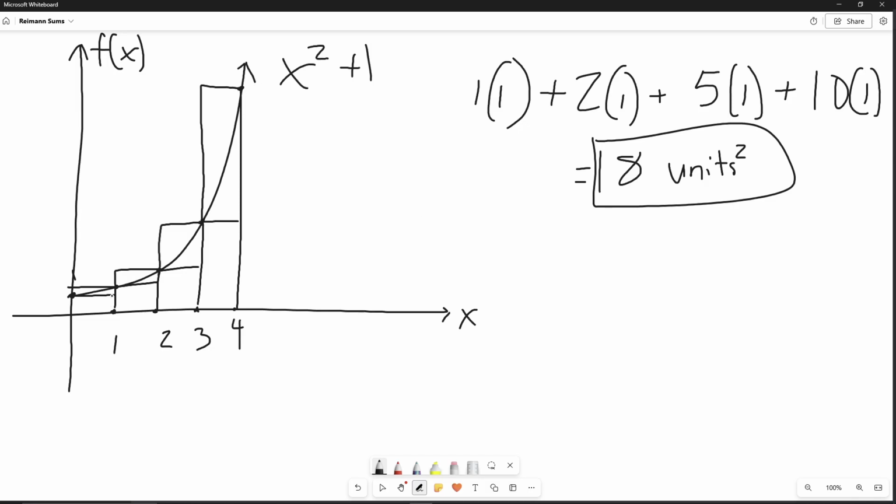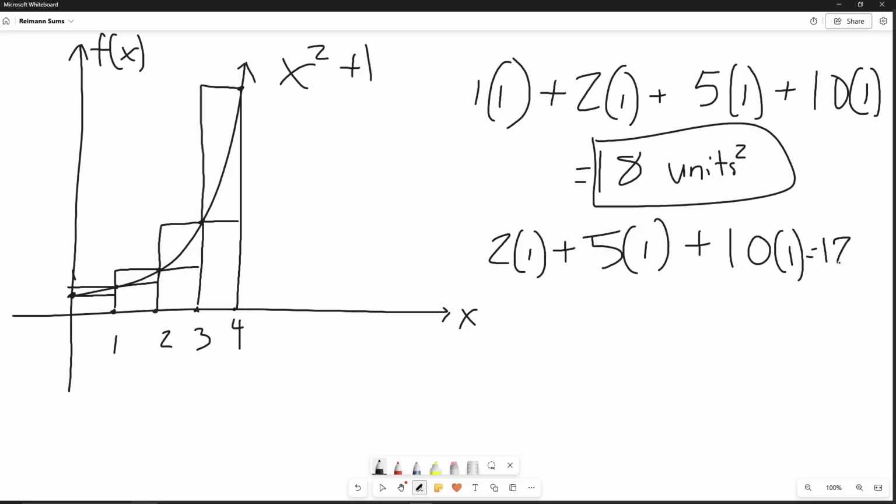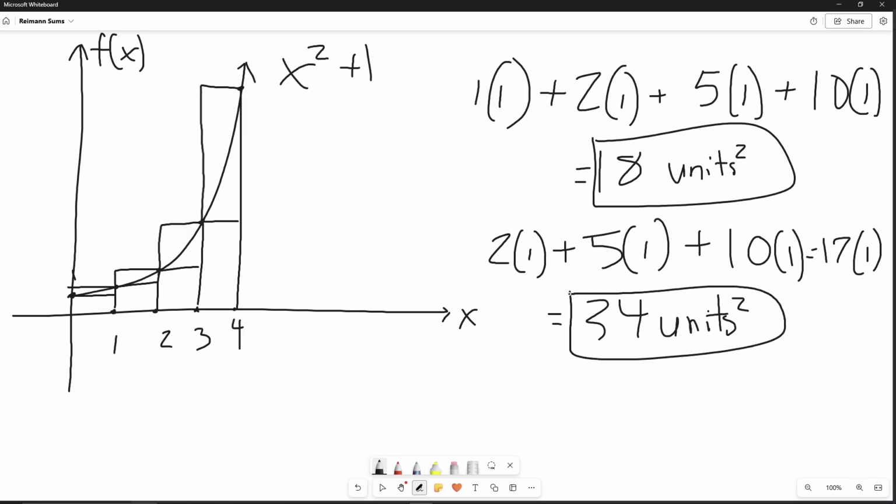So again, the first rectangle, the height is going to be 1 squared plus 1, which is 2 times 1, plus 2 squared plus 1, 5 times 1, plus 10 times 1, 4 squared plus 1 equals 17 times 1. And this is going to be equal to 7 plus 10, 34 units squared.